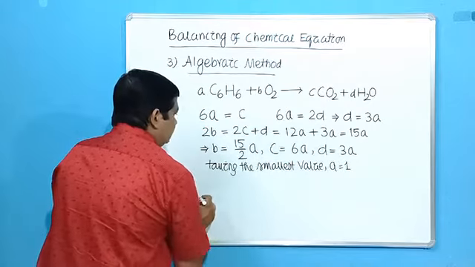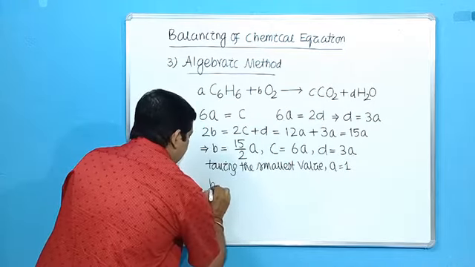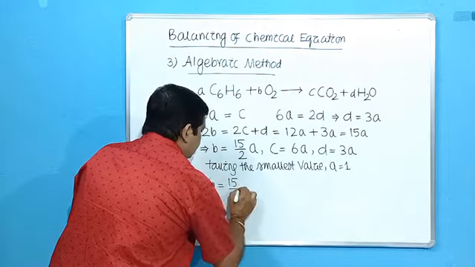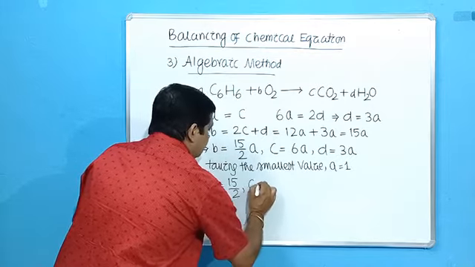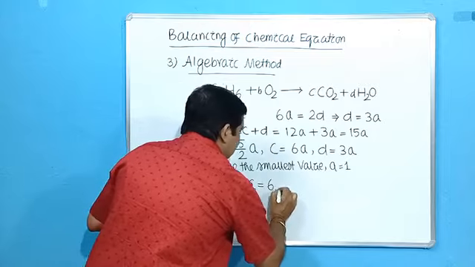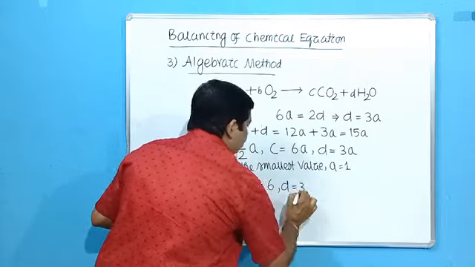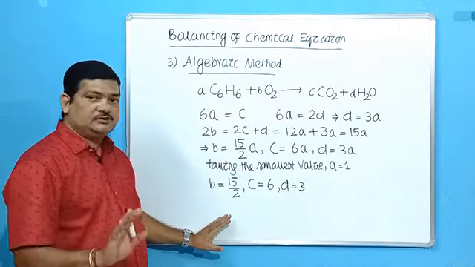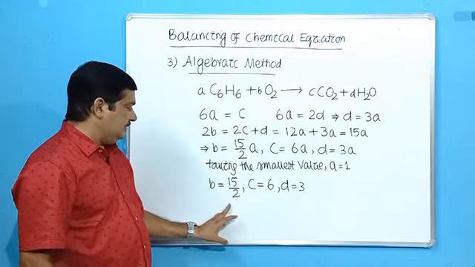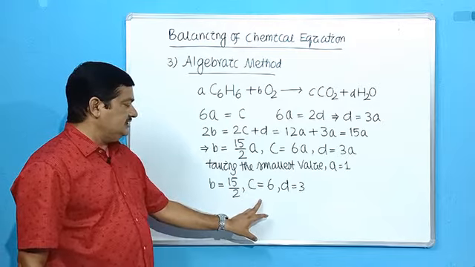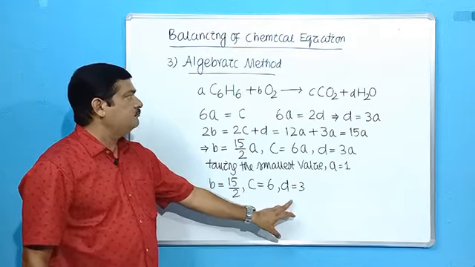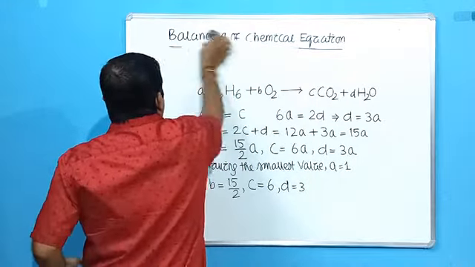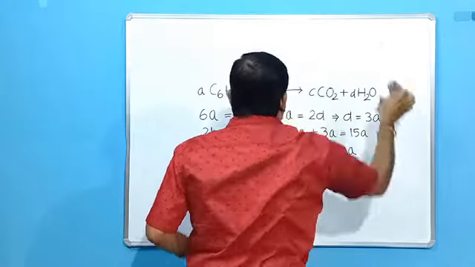What will you get? B is equal to 15 by 2, C is equal to 6, D is equal to 3. We have taken the value of A to be the smallest one. Now put these values here.